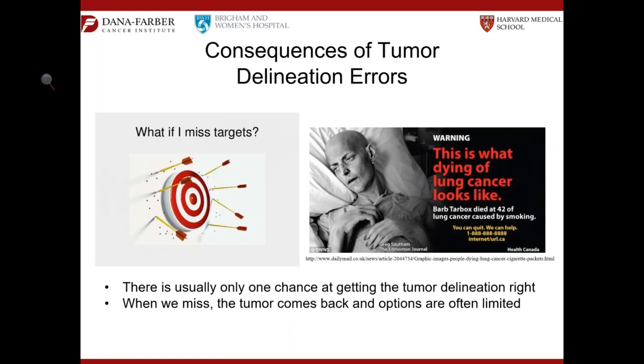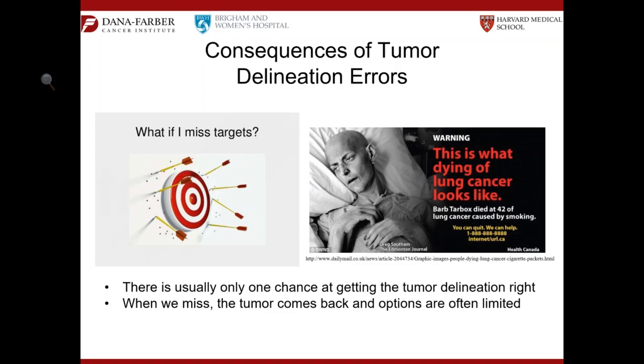It gets easy to look at these drawings and segmentations and lose touch with what you're doing when you're just looking at a computer screen all day. There are real consequences to missing in what we do. When we miss any part of the tumor, that part of the tumor will grow, and we usually only have one chance of getting it right.